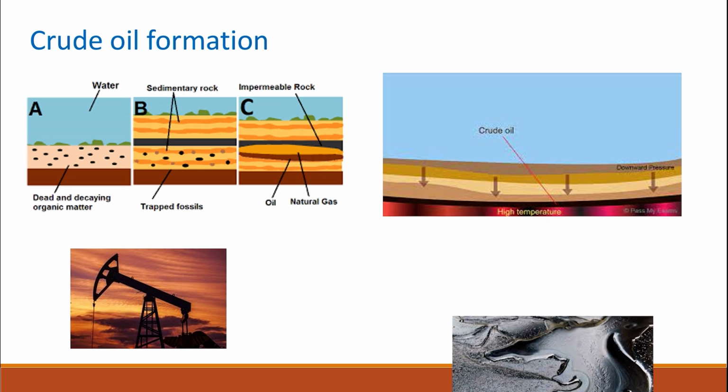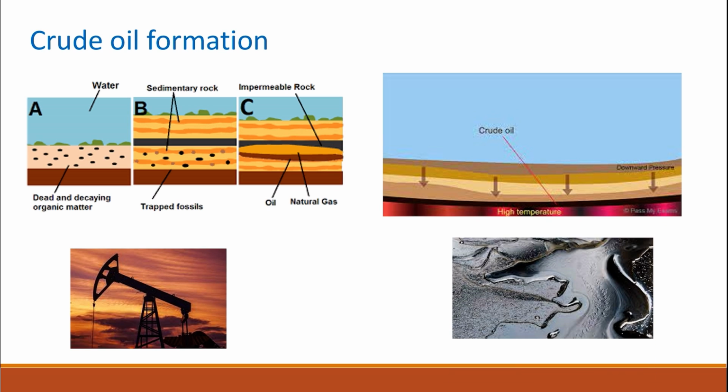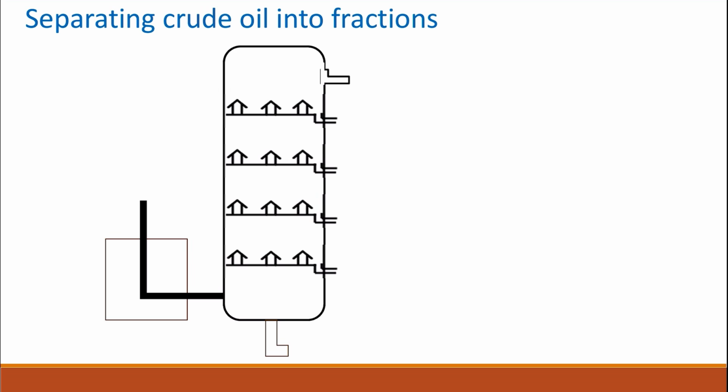The crude oil is then extracted from under the water or under the soil, and used as the main source to get the different hydrocarbons. The main problem with crude oil is that it is a non-renewable, finite resource of hydrocarbons.